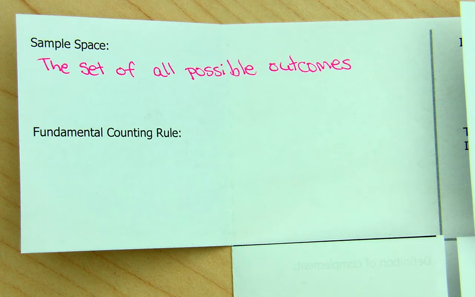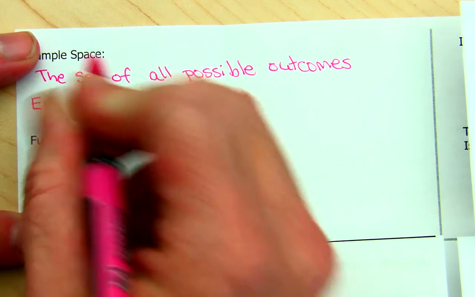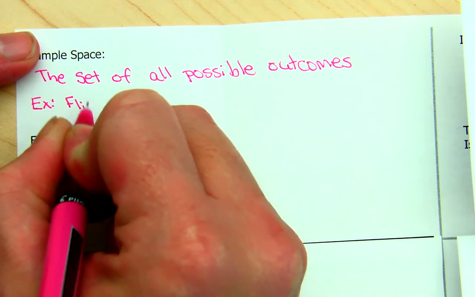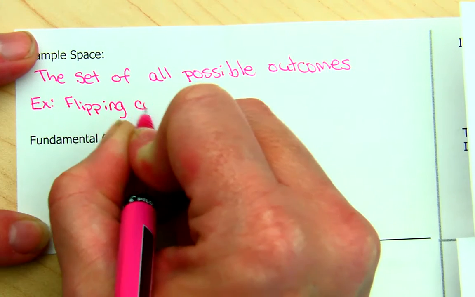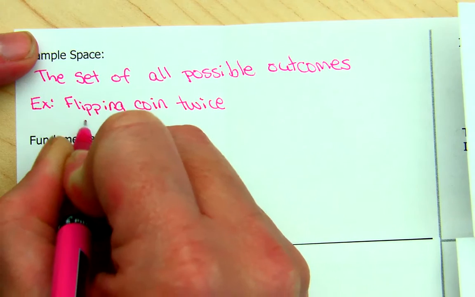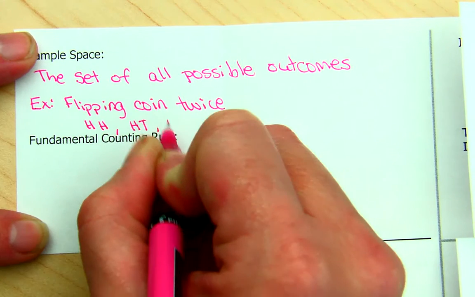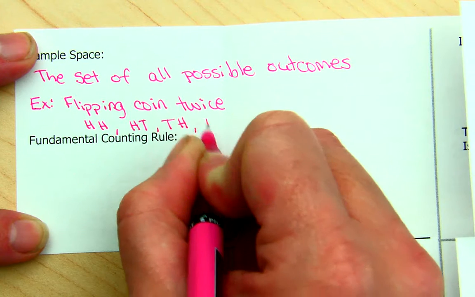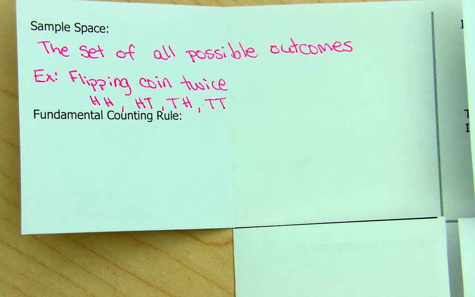So you want to list both. So, for example, flipping a coin twice, we could get heads, heads, heads, tails, tails, heads, or tails, tails. So you want to list all the possible things that could happen.